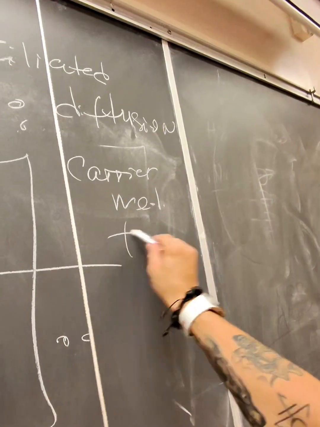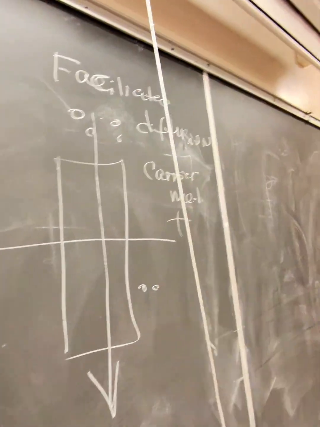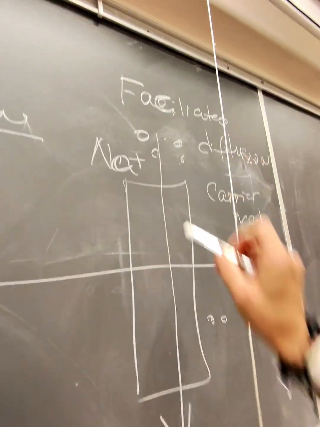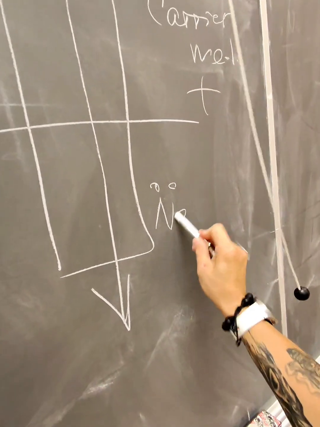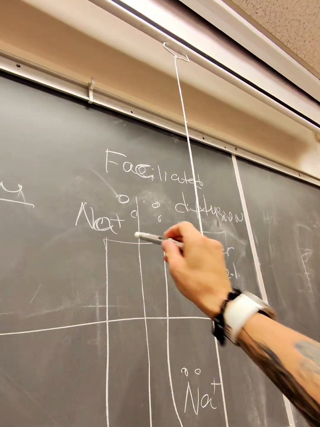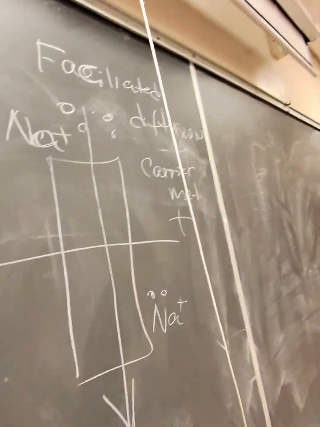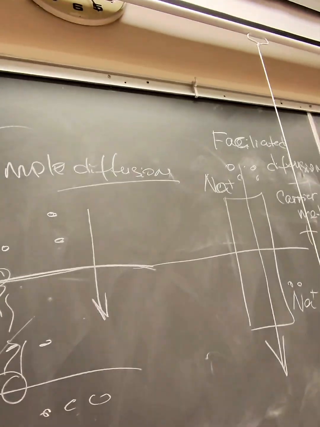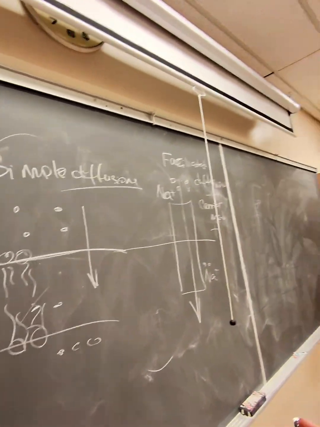For the ions, if they have charges, they go from high to low. So let's say sodium here: there's a high concentration of sodium on this side and a low concentration of sodium on this side, so they go from high concentration to low concentration. This is diffusion. So osmosis is the movement of water.